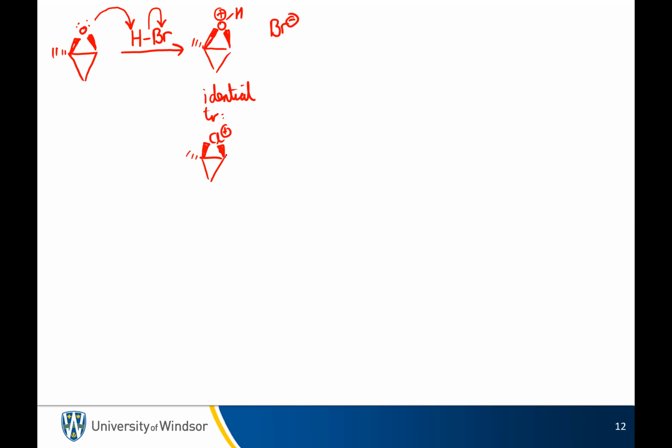And in this case, what we're looking at is which of these carbons has the bigger positive charge. And hyperconjugation tells us that this is the bigger positive charge on that carbon. And so the bromine is going to come in and attack that carbon.